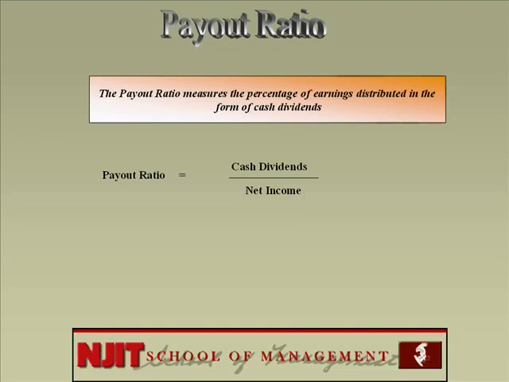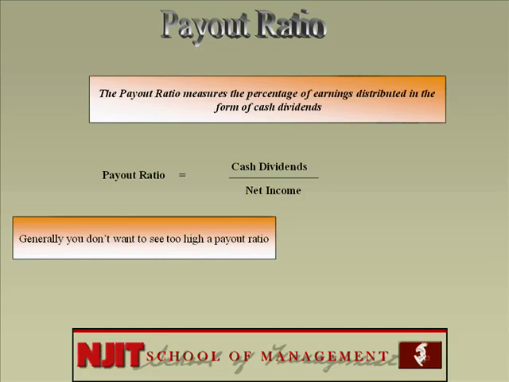Do you want the payout to be high or low? Take your time and think about it. Generally, if you see a very high payout ratio, that should send a warning signal that something's not quite right. You don't want to see too high a payout ratio.